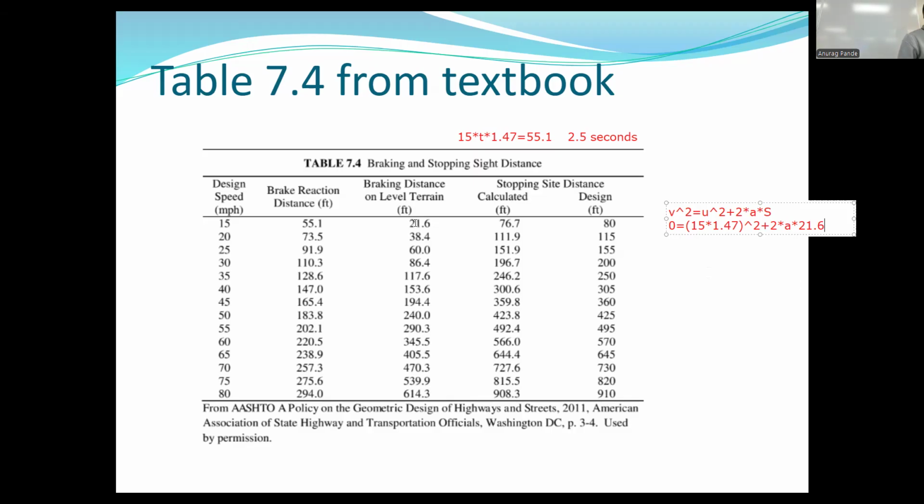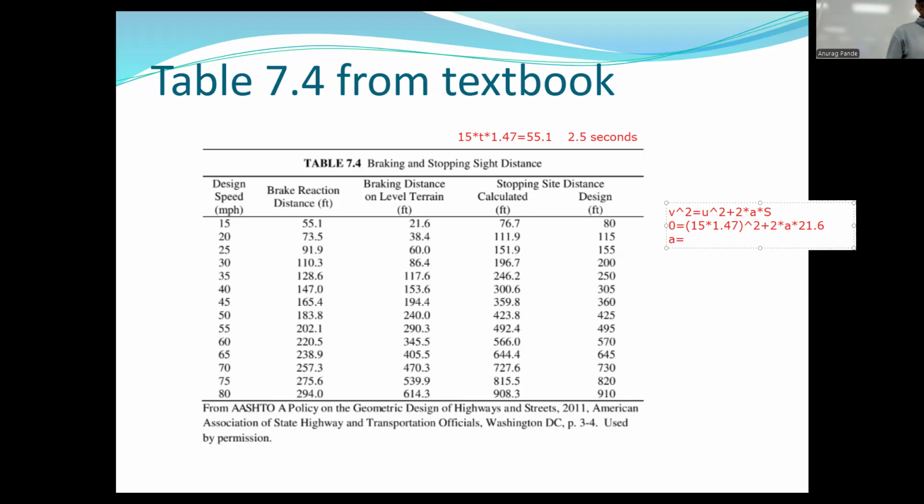So you can see that at a lower speed, your reaction distance is much larger than your actual stopping distance. Because once you decide that you need to stop at 15 miles an hour, you can stop within 21.6 feet, right? So let's calculate what that A value looks like. What acceleration or deceleration rate are they assuming?